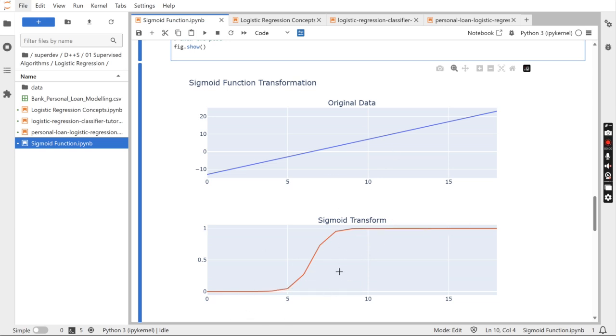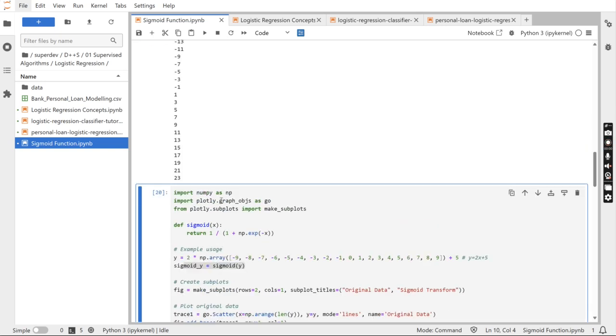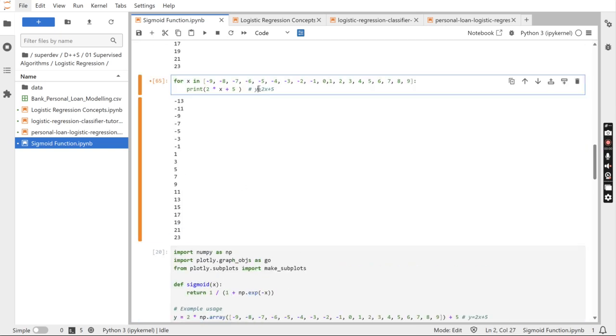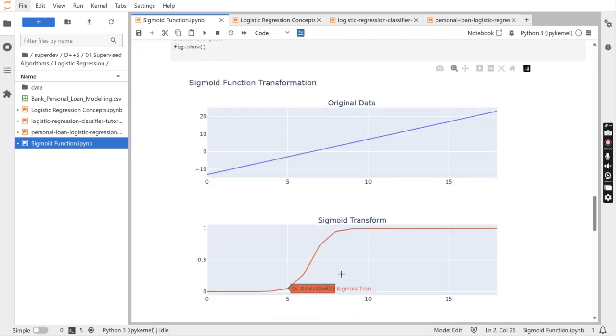It will still make it into an S shape. So, I'm reiterating, we are taking y values, passing them into the sigmoid function and getting a curve out of it.